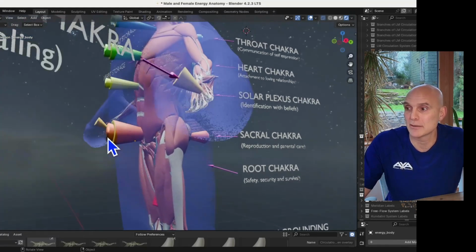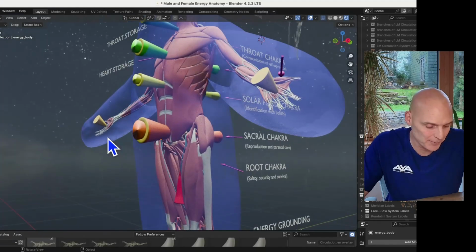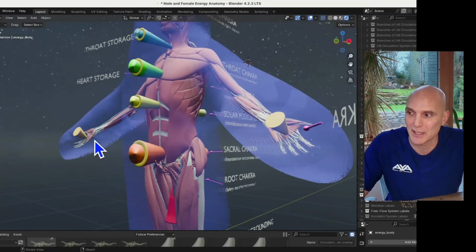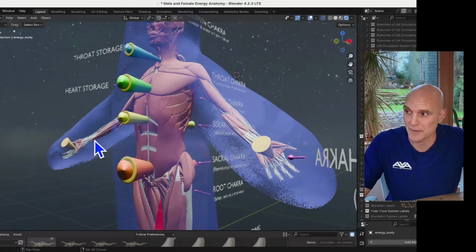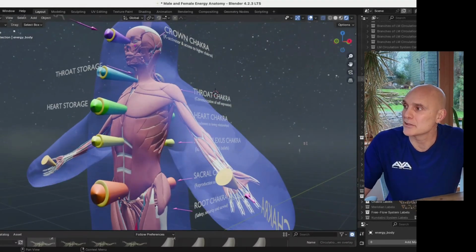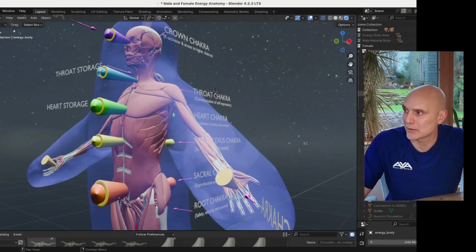But quite often if you have a blockage, you won't feel it. Only if it's really backed up and really solid are you going to start feeling pain, because then it starts irritating the nervous system. So let me go to a chakra and show you the mechanism of blockages.